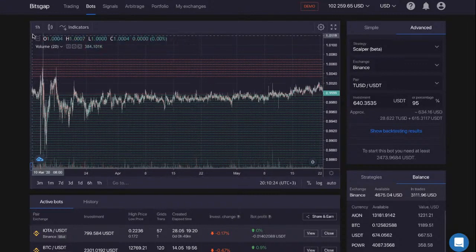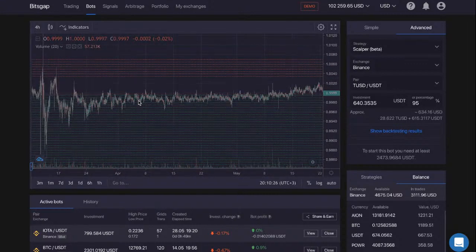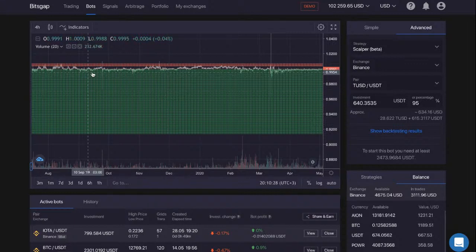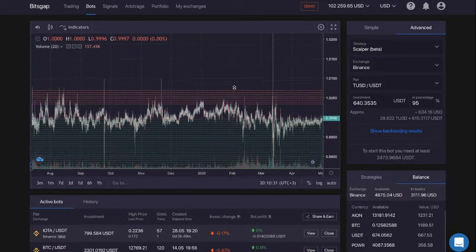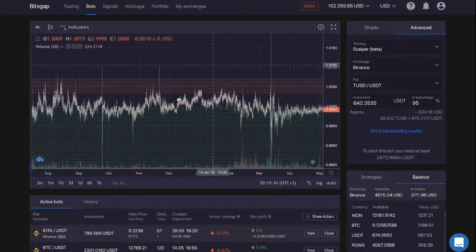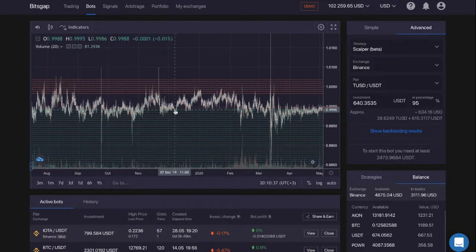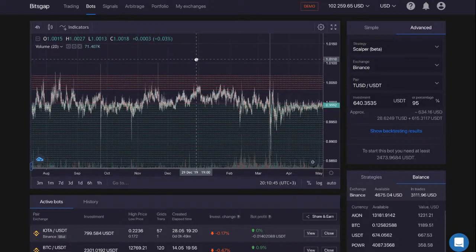Basically, this sideways market is endless, you see? And using the scalper, using this setup with so tightly distributed, I mean, located limit orders, you would be able to basically have an arbitrage on the market.